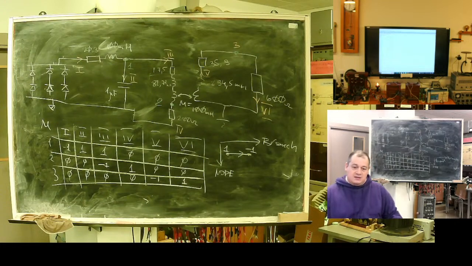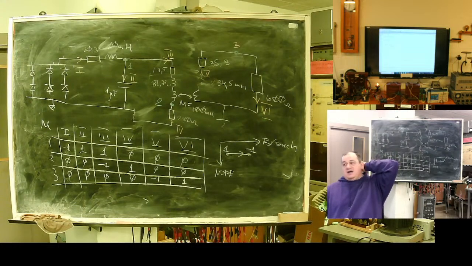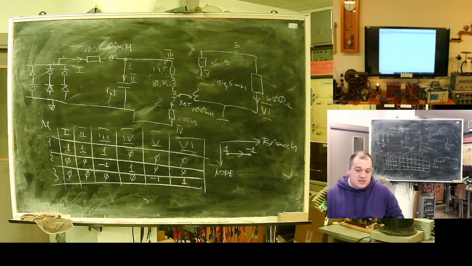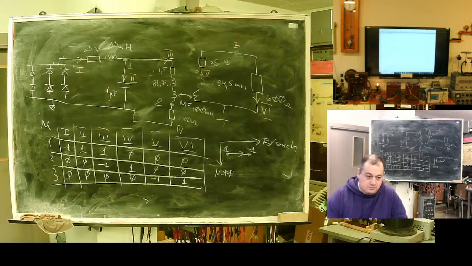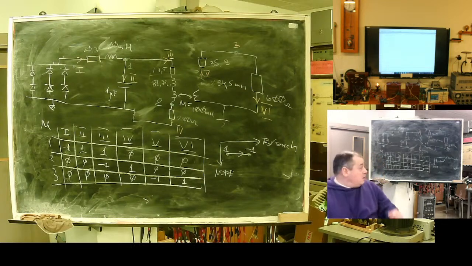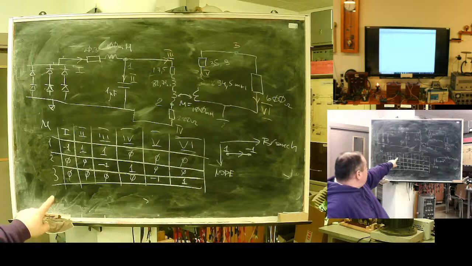Very nice, but that's not all. This one is a main diagonal of the resistance matrix. I took the most complex thing with the mutual inductance. Mutual inductance produces non-diagonal elements in the resistance matrix. That's why I need to put mutual inductance now. It's between branch 3 and 5.